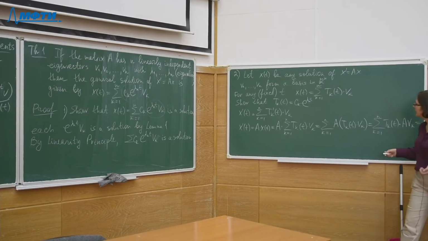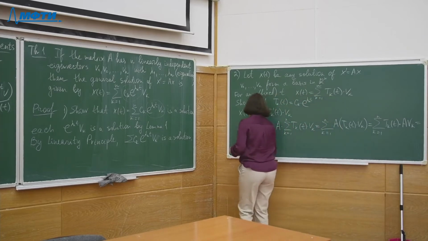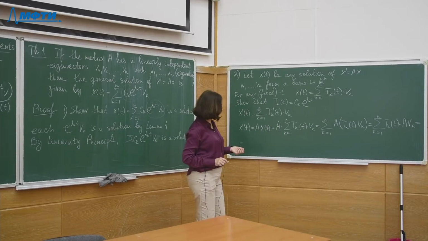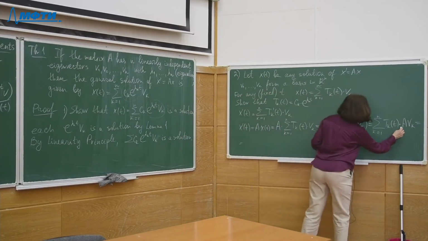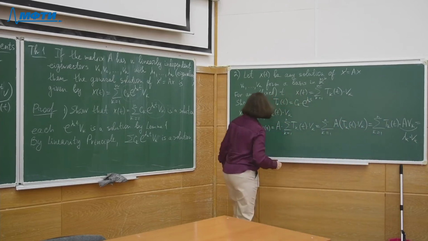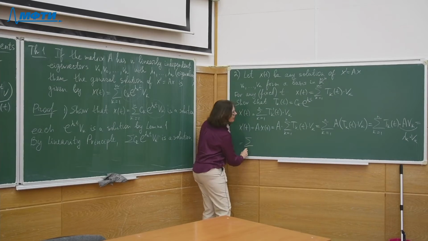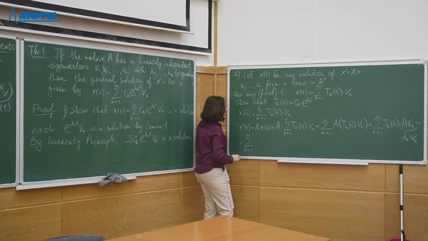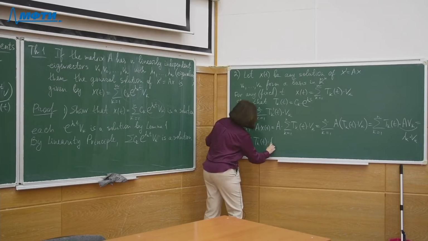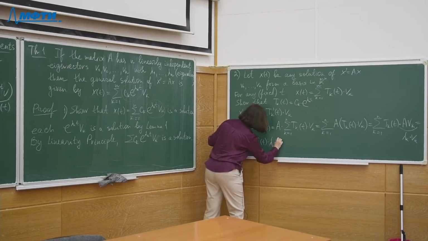And since we know that v_k is an eigenvector, then A v_k is equal to lambda_k times v_k. I will rewrite it in the form of the sum, k runs from 1 to n, of t_k of t times lambda_k v_k.